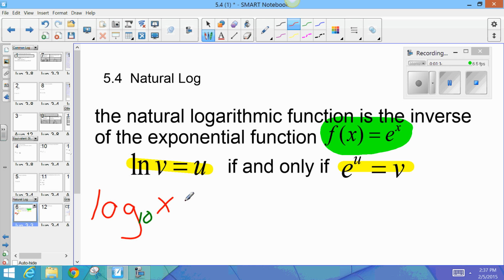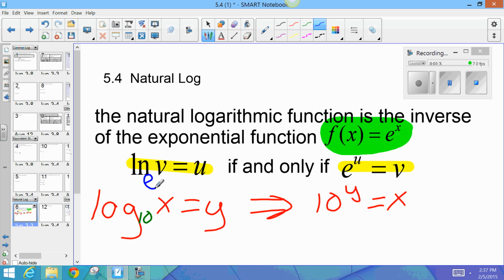Let me say that the log of x equals y. That is exactly the same thing as saying 10 to the power of y equals x. Now for the natural log, there is an understood e as the base. So we take e to the power of u equals v. So this one is the power, and this one is what it equals.